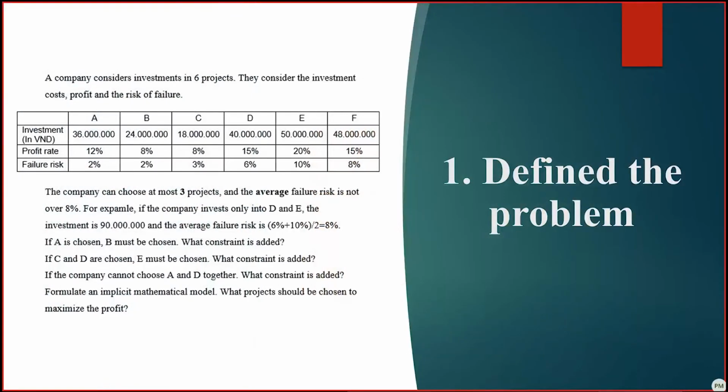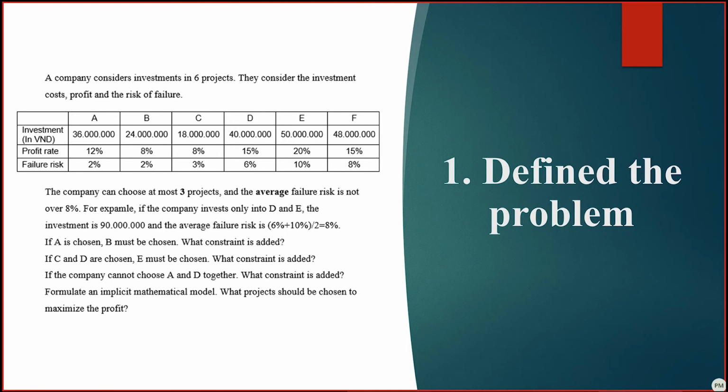When our team received the problem, our information about projects B, C, D, E, F was unknown. After some discussion and conversation, our team decided to assign some values to complete the full table, as you can see on the screen.